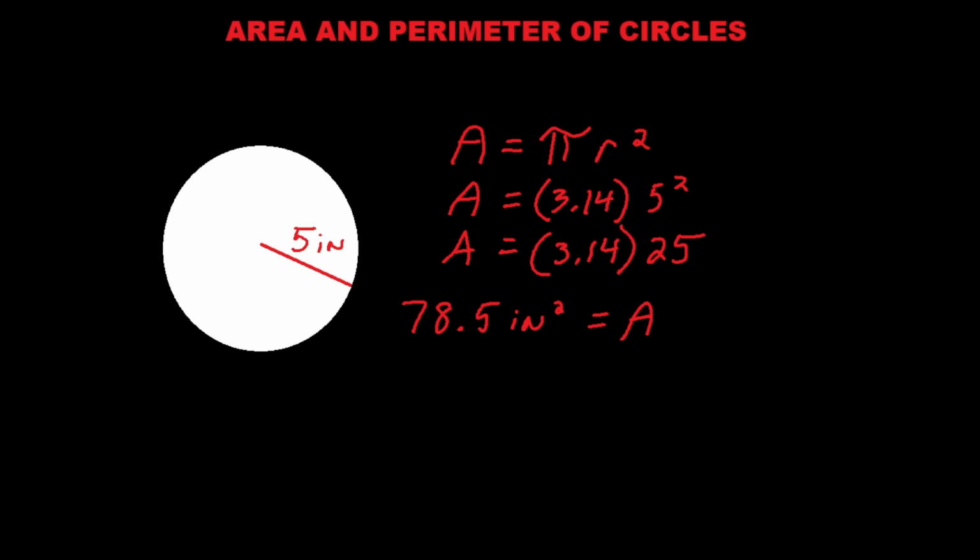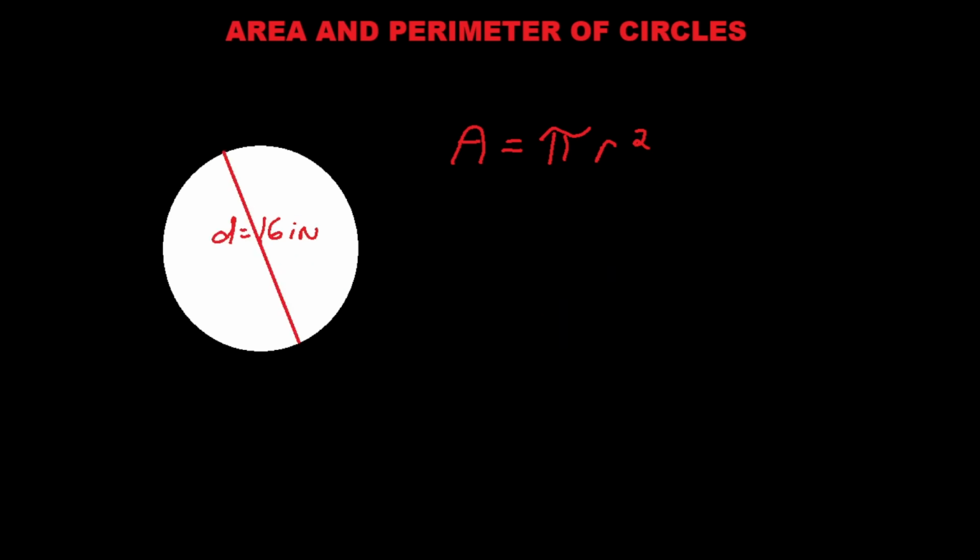Let's try another problem. In this example, we're given that the diameter is 16 inches, and again, we need to have the radius for our formula. So on the next line, we'll do area equals, I know that pi is 3.14. And in order to get the radius, I simply divide by 2, so that's going to be 8 inches, and this would be times 8 squared.